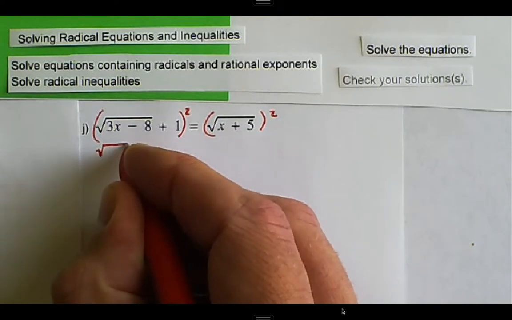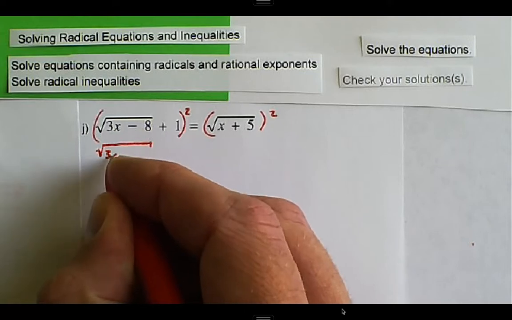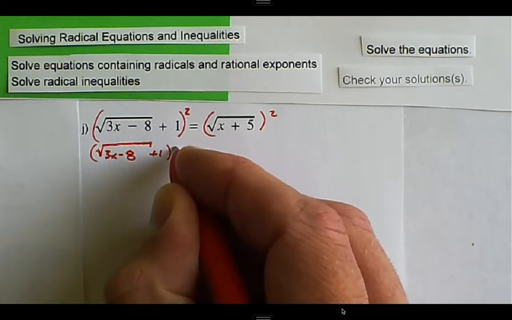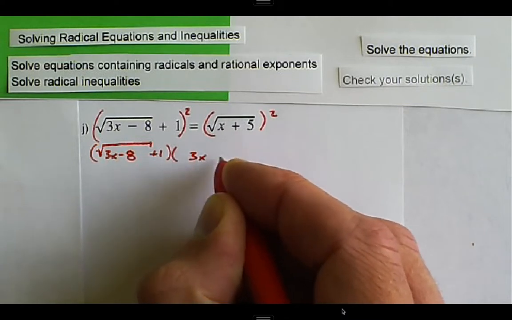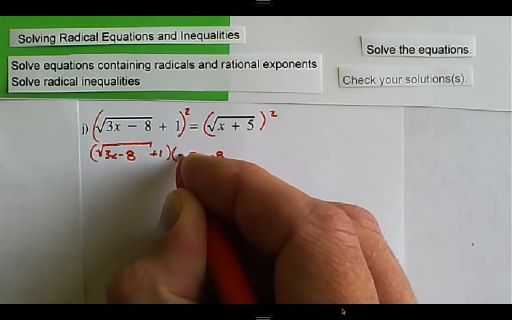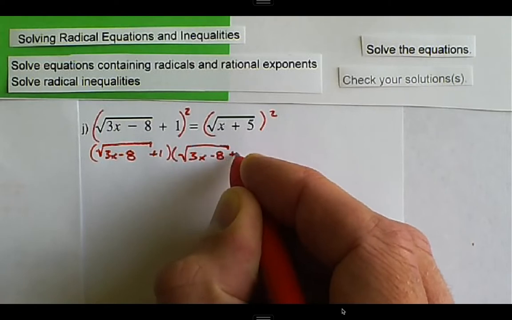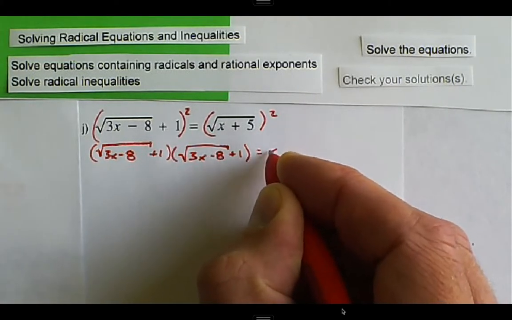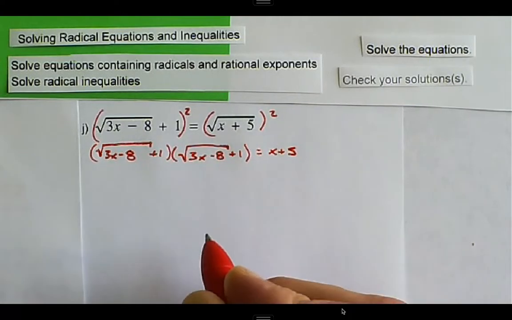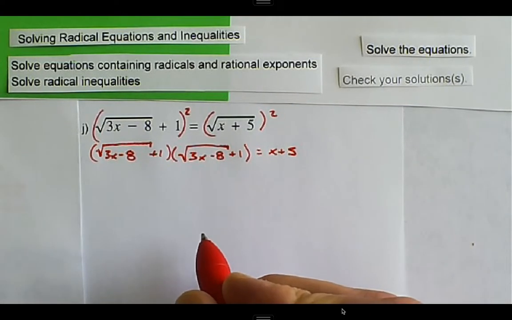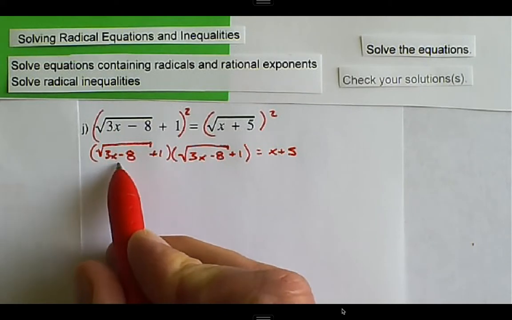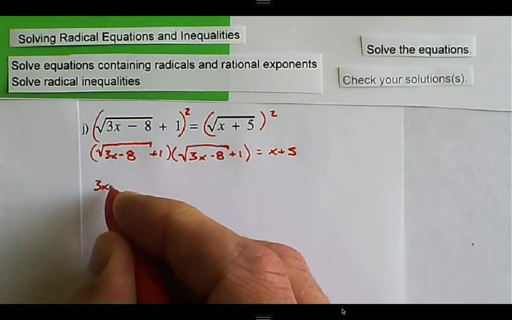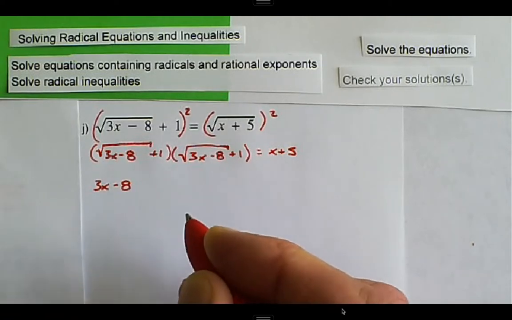the square root of 3x minus 8 plus 1 times the square root of 3x minus 8 plus 1, and that is equal to x plus 5. And then when we go through and we distribute this, the square root of 3x minus 8 times the square root of 3x minus 8 is 3x minus 8 without the square root on it.